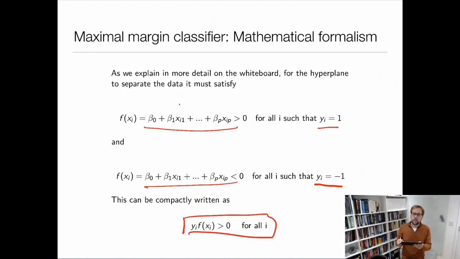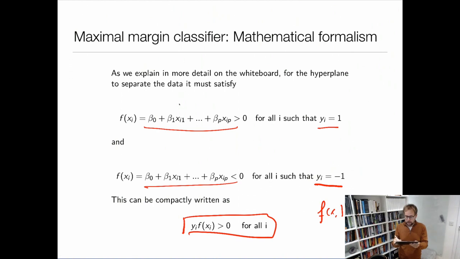For all points to be correctly classified, what I need is yi times f of xi being bigger than 0 for all i. This encapsulates both relationships, because if yi is equal to 1, this just gives me f of xi bigger than 0.